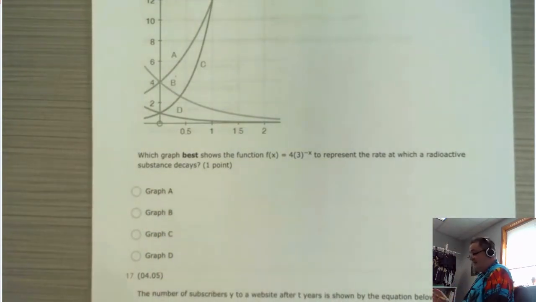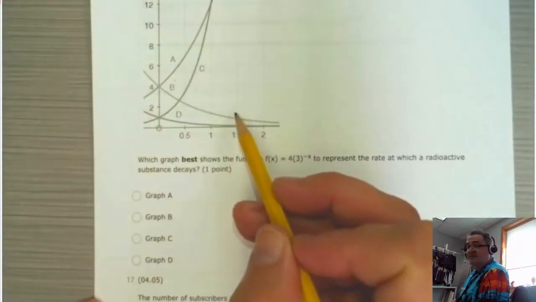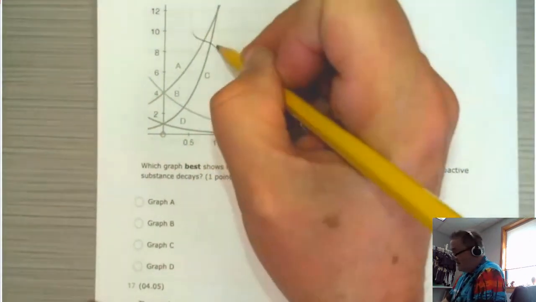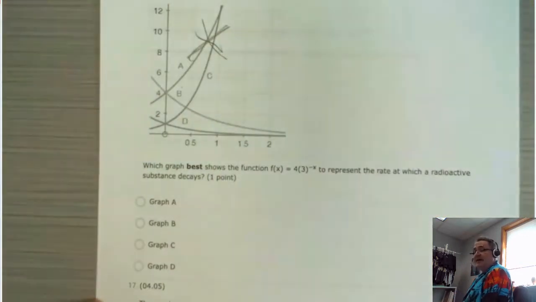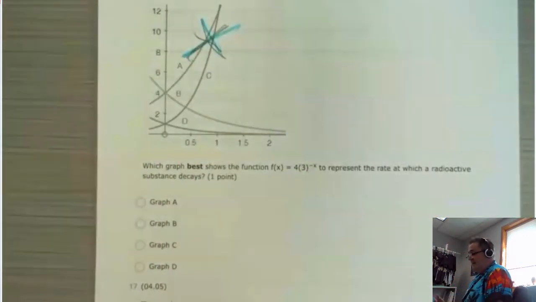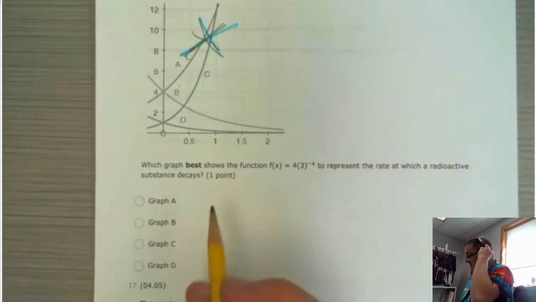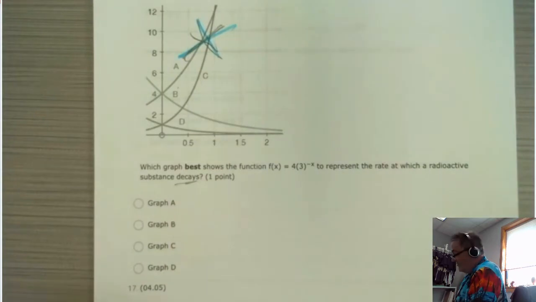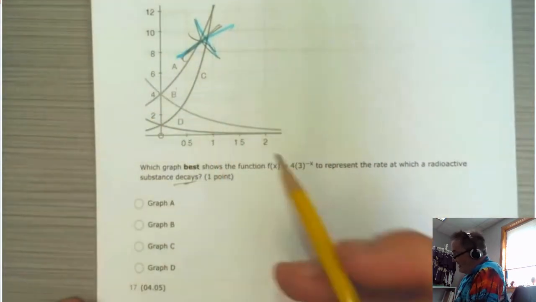All right, it decays, so there is going to be less of it as we go on. So we know right away these two that are increasing have to be wrong. I'm going to cross those off because that would show increasing growth, not decay. So it has to be one of these two that are coming down.